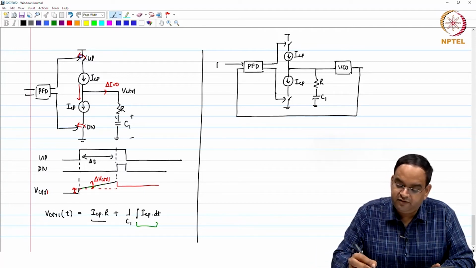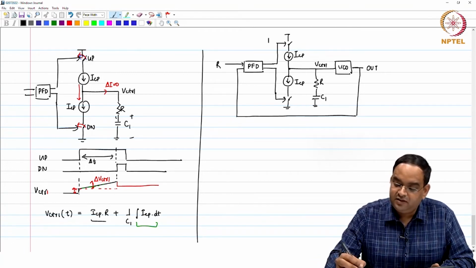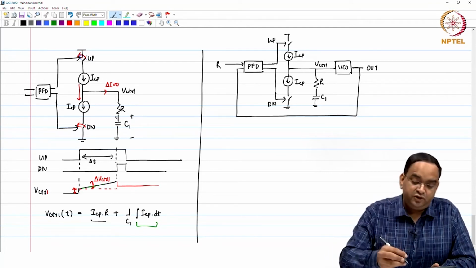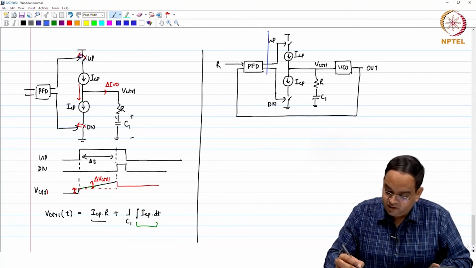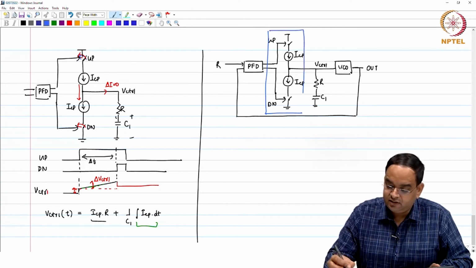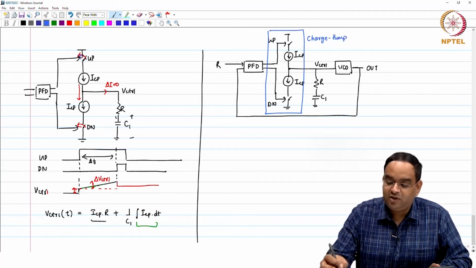Okay, this is a reference signal, this is your output signal, this is V control, right. These are your up and down signals. So, here you have already seen the phase frequency detector. This block is called the charge pump. It pumps the charge into the loop filter. Okay.